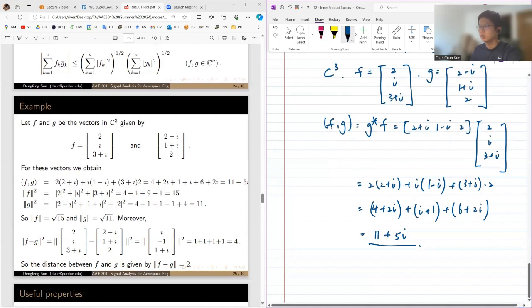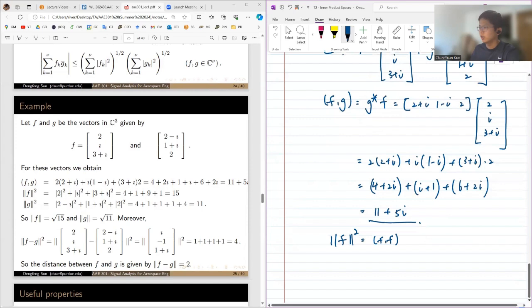And now let's look at, say, the squared norm of f. The squared norm of f will be essentially just the inner product of f and itself.